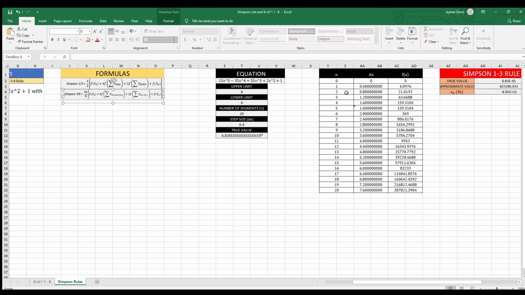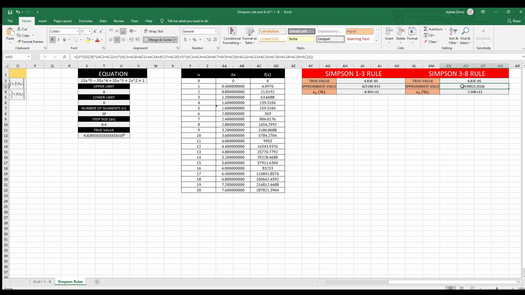Nilagay ko yung mga natitira na hindi divisible by 3. Then, after that, ang approximate value. The next is dito ulit sa percentage: true value minus approximate value, then divided by true value, tapos times 100. So, ito na yung sagot.